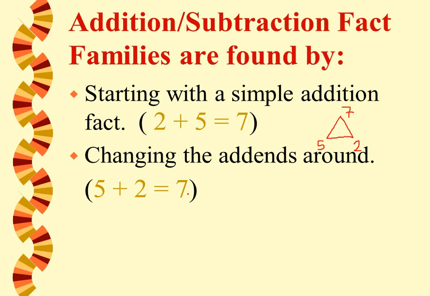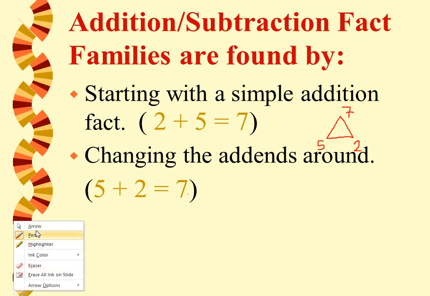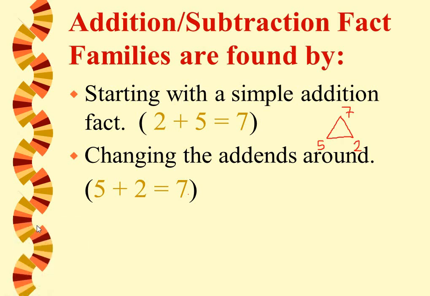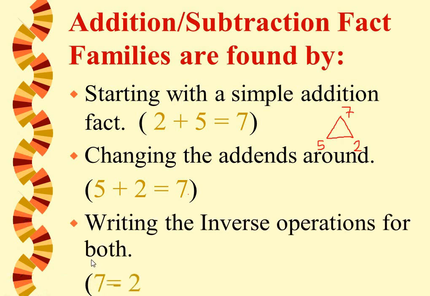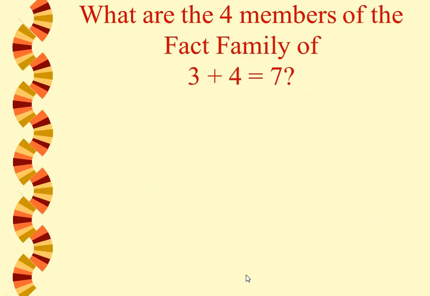And the 2 subtraction operations, which are the inverse operations, are 7 minus 2 equals 5 and 7 minus 5 equals 2.